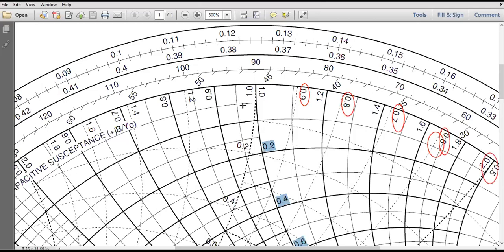So here the thick line is for the reactance. This is 1.2. So this is the impedance and admittance of this Smith chart.